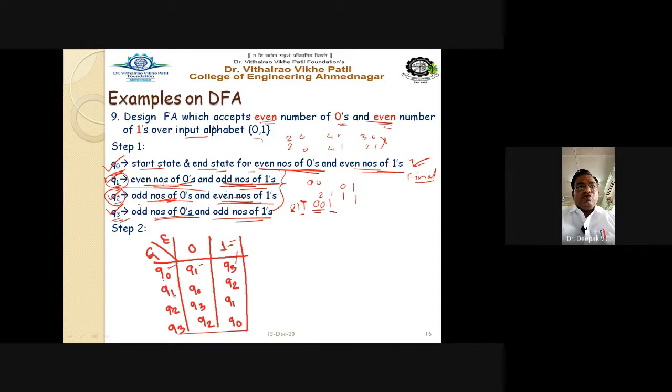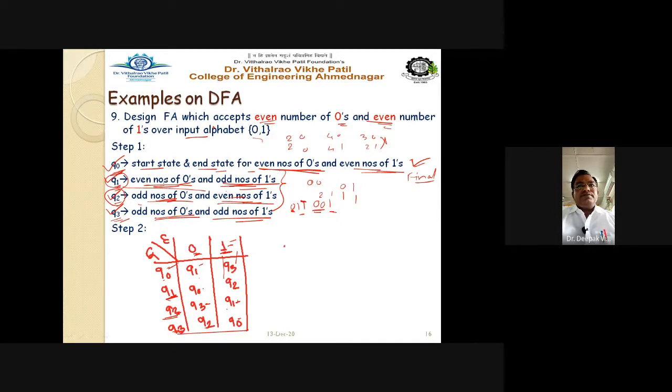Q1 on 0 goes to Q0, Q1 on 1 goes to Q2. Current state is Q2, the input is 0, go to Q3 state. Current state is Q2, input is 1, go to Q1 state. Current state is Q3, input is 0, go to Q2. Current state is Q3, input is 1, go to Q0 state.